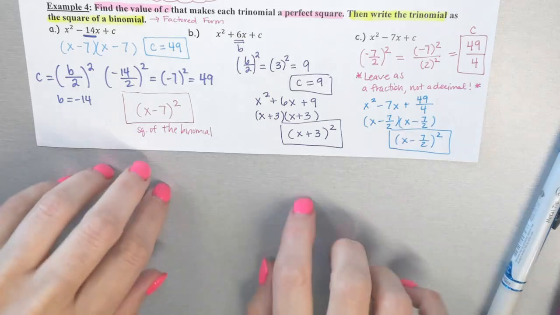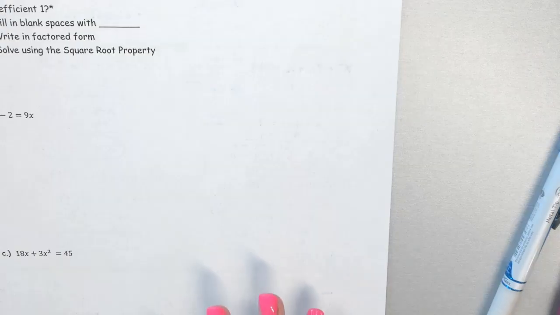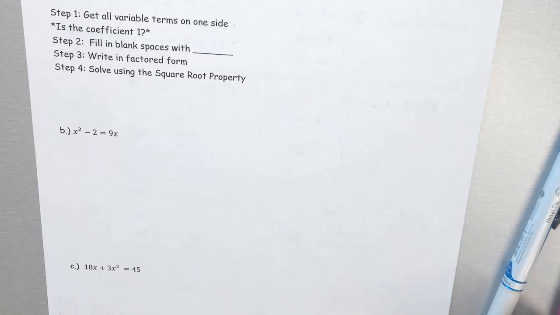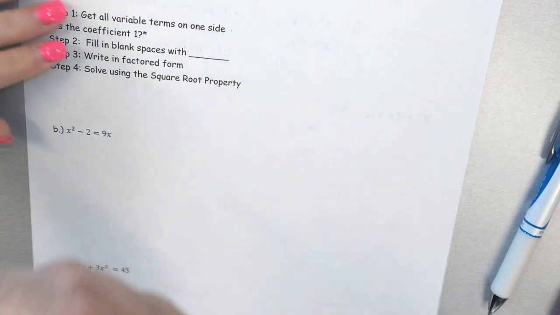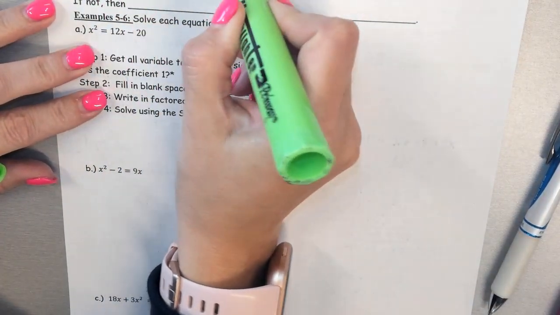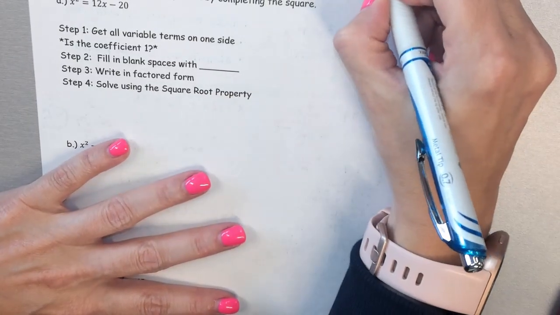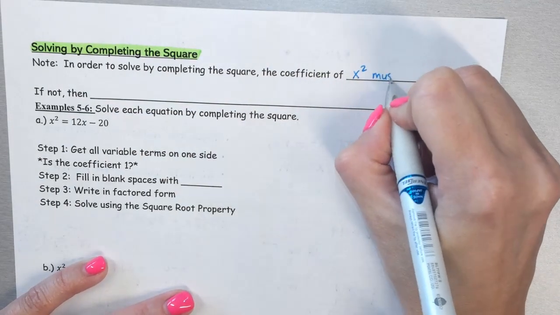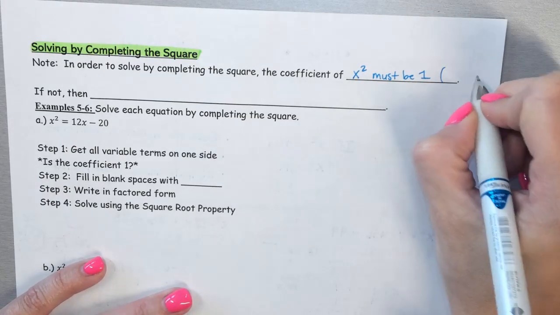This is going to lead us into completing the square with the square root property. When you are solving by completing the square, the coefficient of x squared must be 1. Do you guys remember what letter we call the coefficient of x squared?